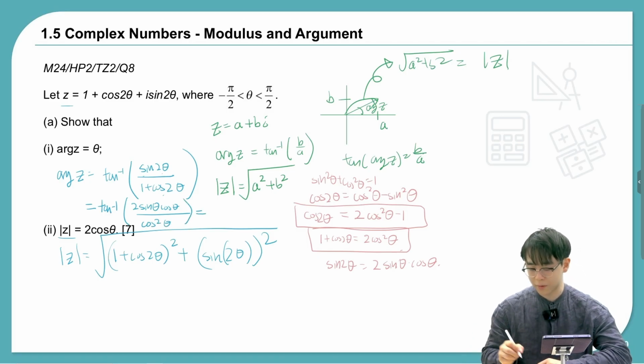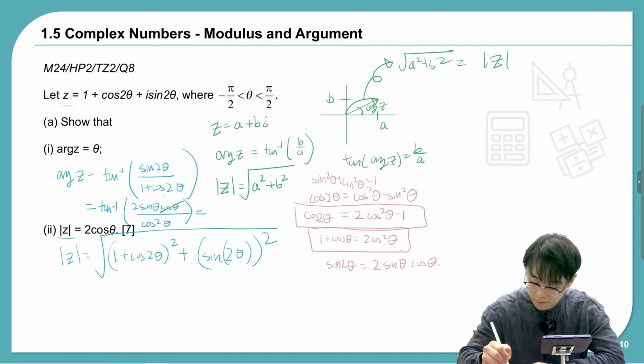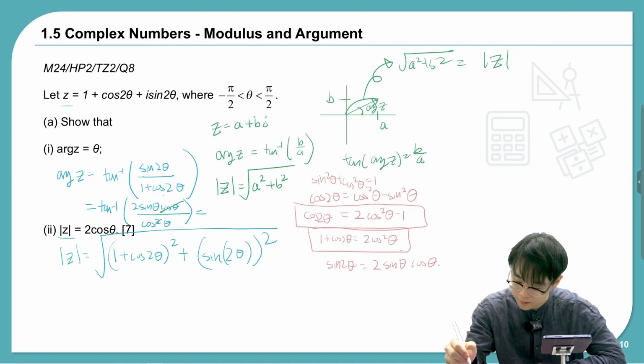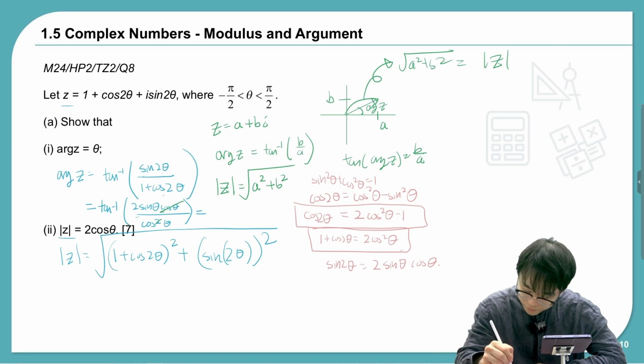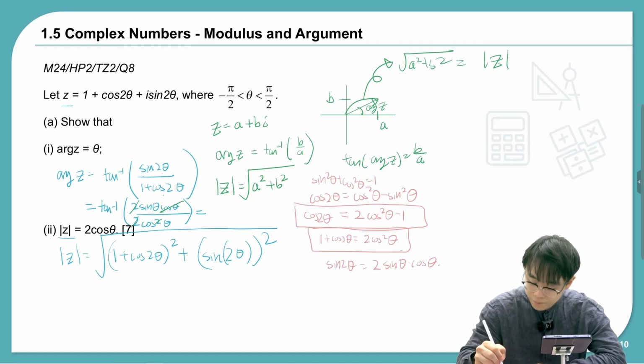And if you work that out, we can cancel out one of the cosines, and we can cancel out the 2's, and we would just have sine theta over cosine theta here. So we'd get tangent inverse of tangent theta. So this turns out to be just theta only.